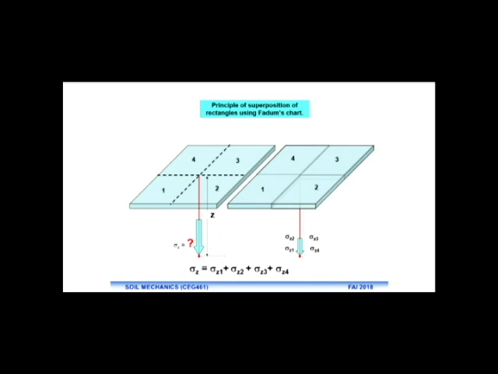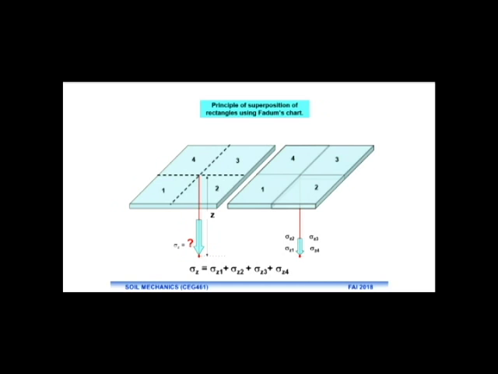Because of the rule in Fadum's chart that the point of interest must be at the corner of your rectangular foundation, if the point of interest is not at the corner, let's say at the center of the foundation, at the side of the foundation, or away from the foundation, you have to use the principle of superposition.